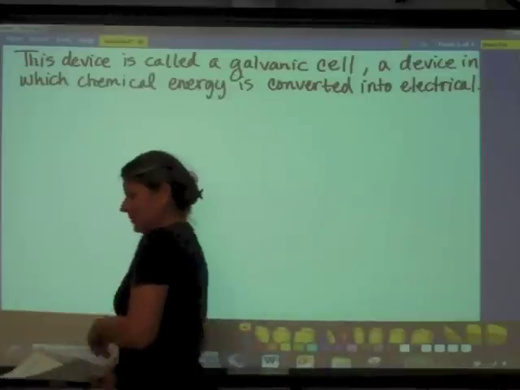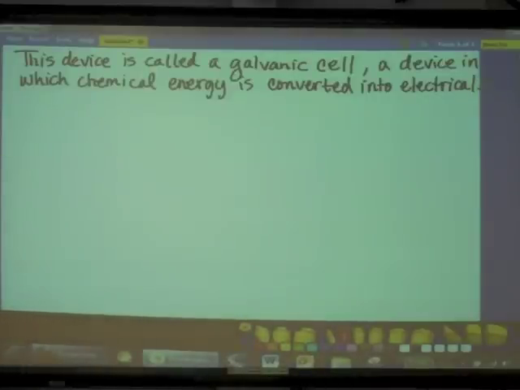In order for this conversion to occur, we need that redox reaction to be spontaneous. We don't want to have to put work in to get that redox reaction to go. That redox reaction has to be spontaneous for us to be able to get usable work energy out.